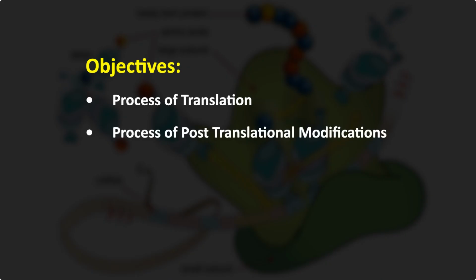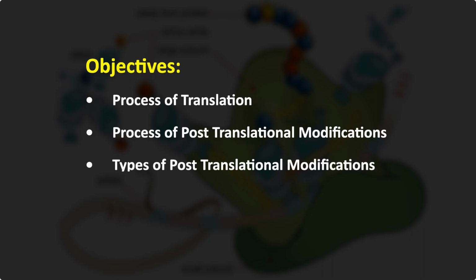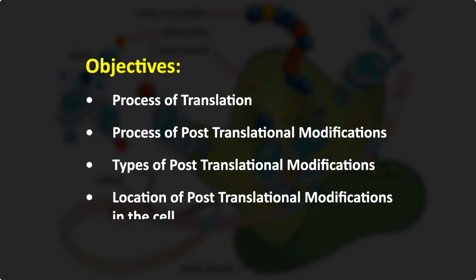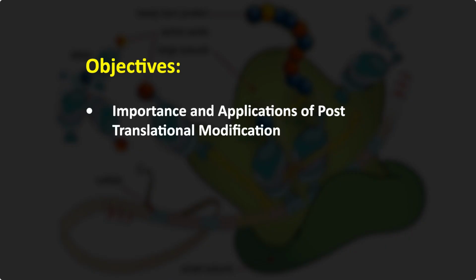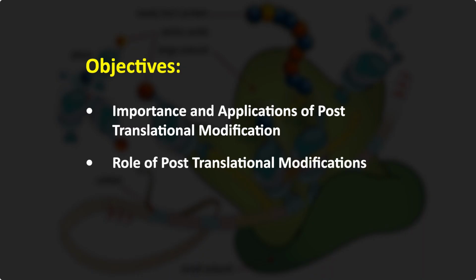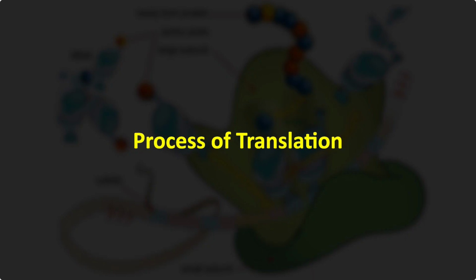The main objectives of this module are to know about the process of translation, to discuss the process of post-translational modifications, to understand various types of post-translational modifications, to know the location of post-translational modification in the cell, to understand the importance and application of post-translational modifications, and finally, to understand the role of post-translational modifications in regulation of gene expression. Dear students, let's start with the process of translation.